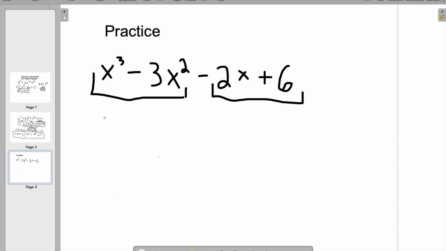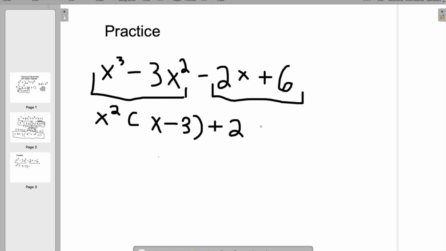So I'm going to take out x squared from this first group, and since x to the third power divided by x squared is just x, you're just going to write x, and since 3x squared divided by x squared is just minus 3, that's the first group.